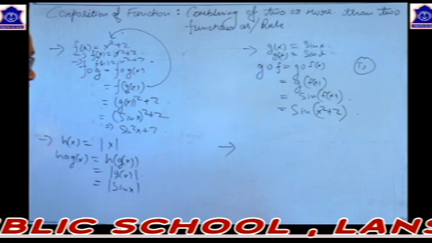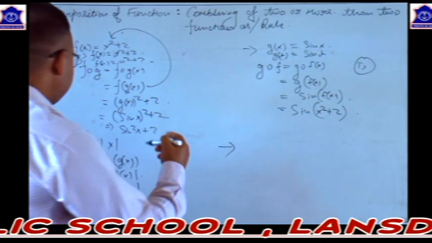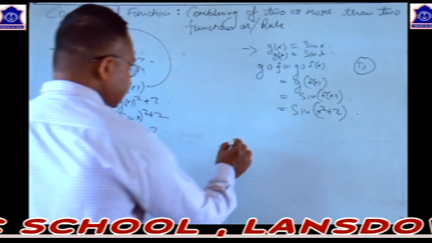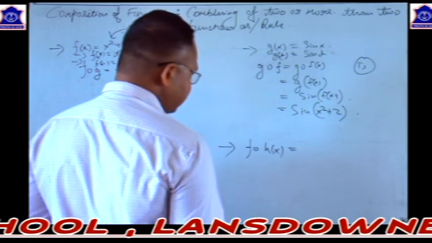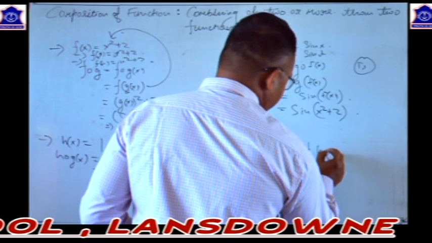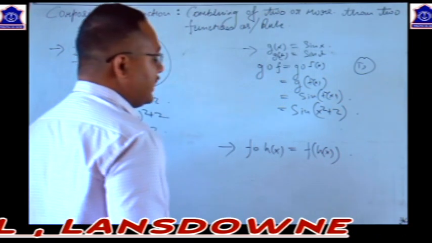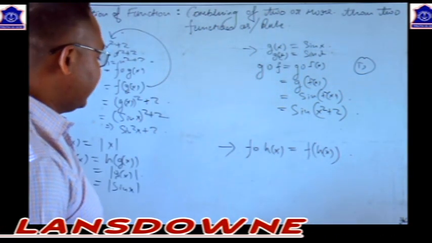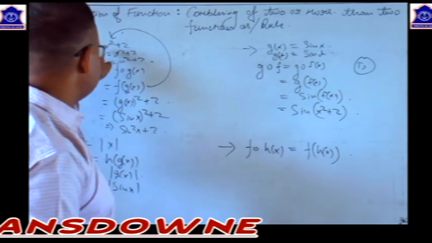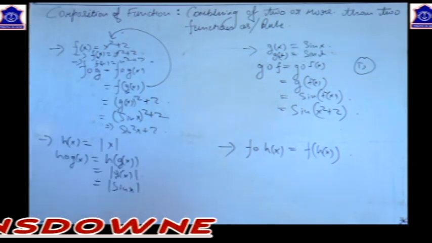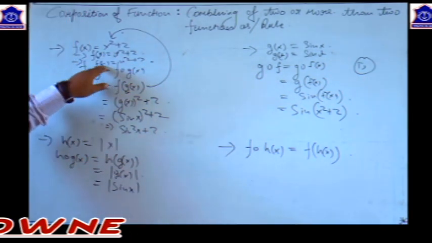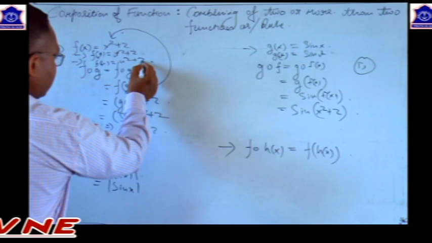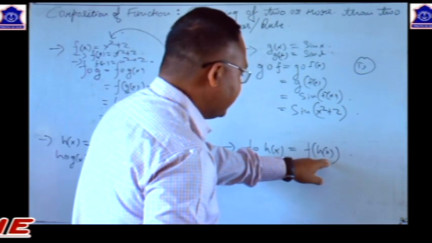One more thing, you can combine a function f(x) and h(x) as f of h(x). Now you know very well that f(x) is a function which is defined as x square plus 2. तो f(t) होता तो t square plus 2, f(n) होता तो n square plus 2. तो यहाँ पे f of h(x) है.